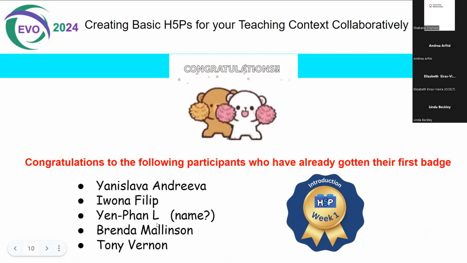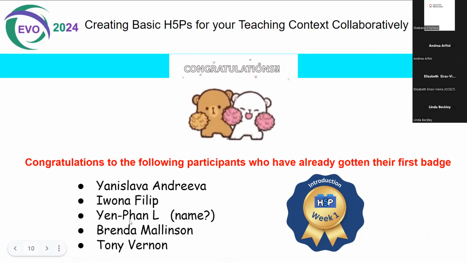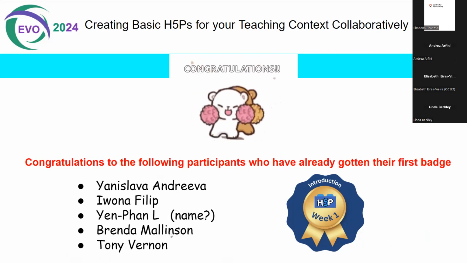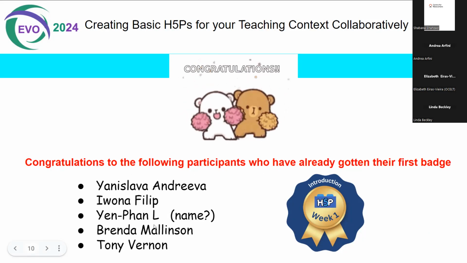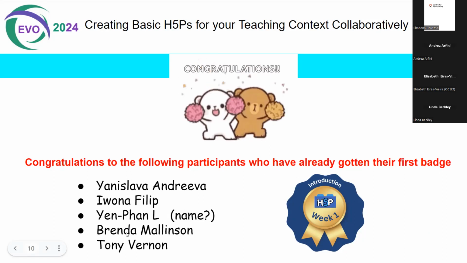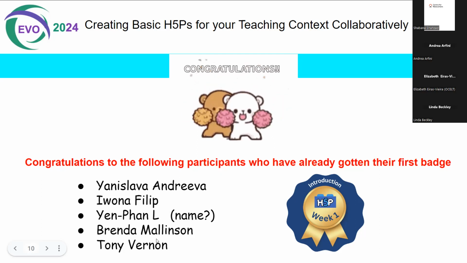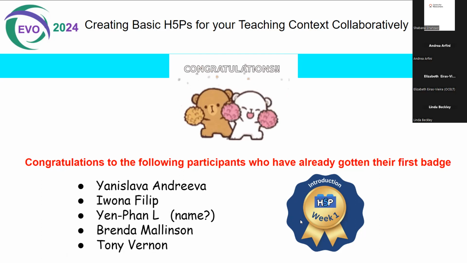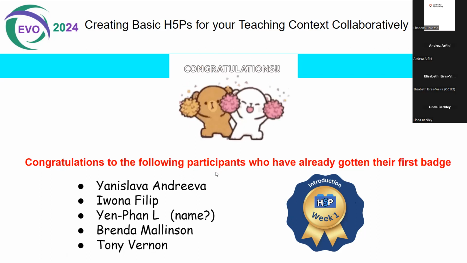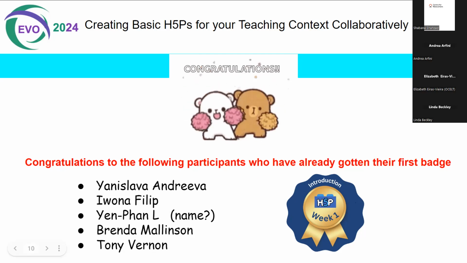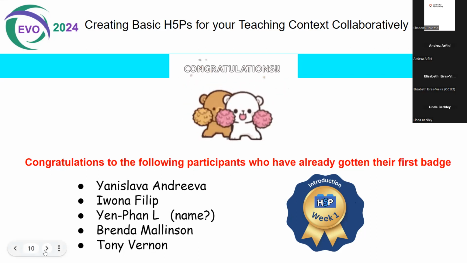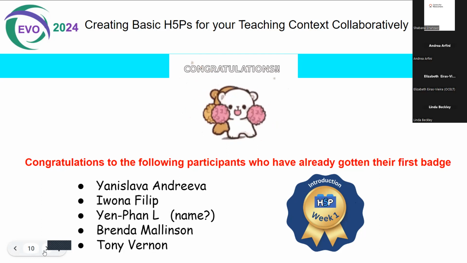But in Canada, the convention is first name and then last name. So I don't know how you want it to be presented on yours, but the order is up to you. Thank you, Brenda Yanka, Mallinson and Tony Vernon. So these are the people who've received their first badge. Congratulations. And I'm sure there are more as we speak, and I have no way to check that.